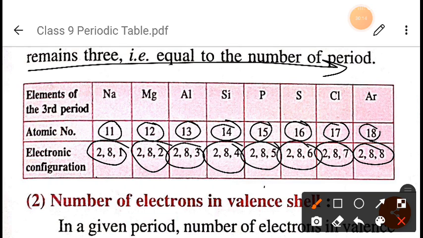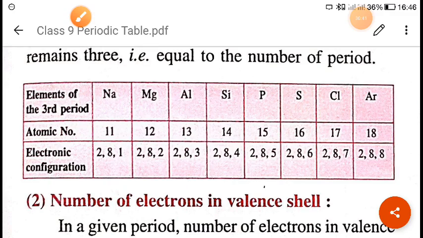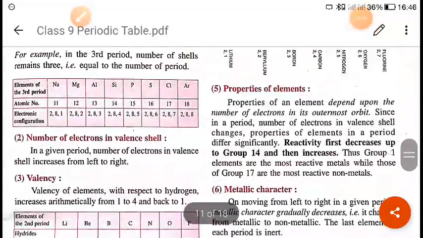The number of electrons and protons increases as we move from left to right, which means the charge on the nucleus is increasing. So since the charge of the nucleus increases, the size of the atom will decrease, right? You can easily understand this from the diagram.